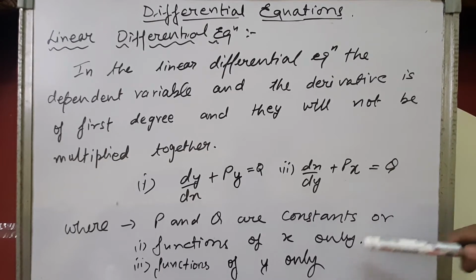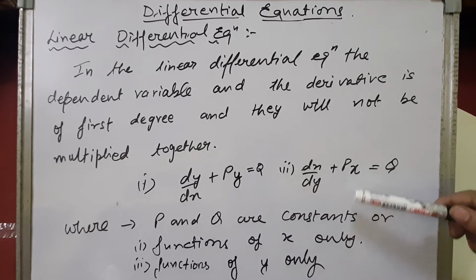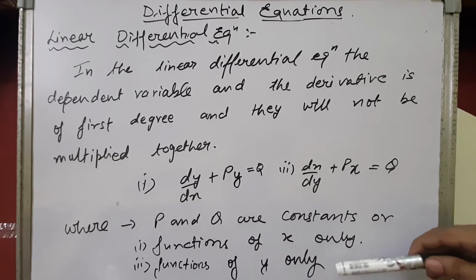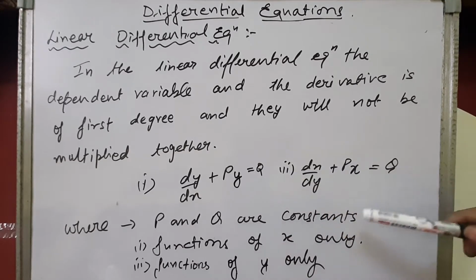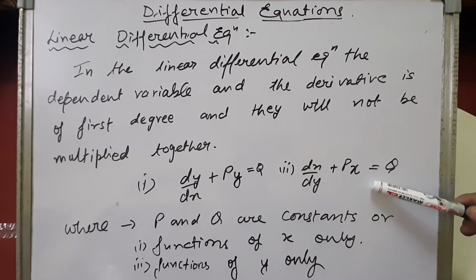So p and q could be either constants, for the first condition a function of x only, or for the second a function of y only. Why? Because in the first, the dependent variable is y, and in the second, the dependent variable is x. Alright children, please note down.